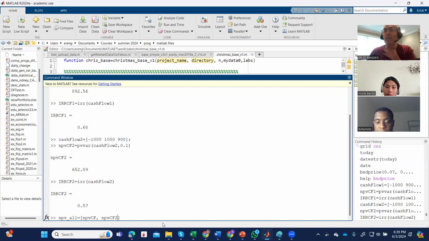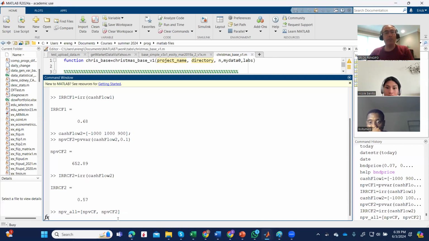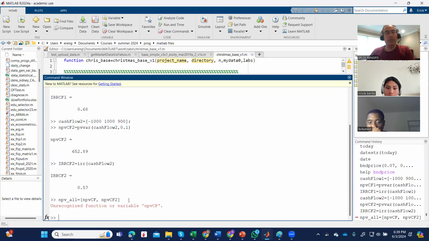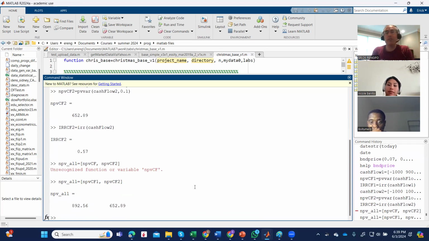Agree with me? That's the way you join two elements, two vectors, two matrices, etc. Oh, and this should be cash flow 1, right? Here you have your net present values. We can do the same with internal rate of return all.